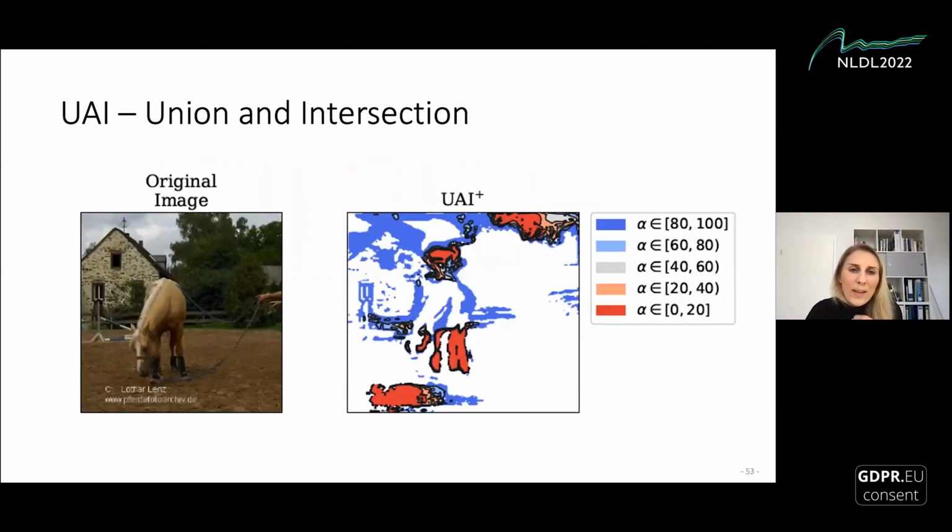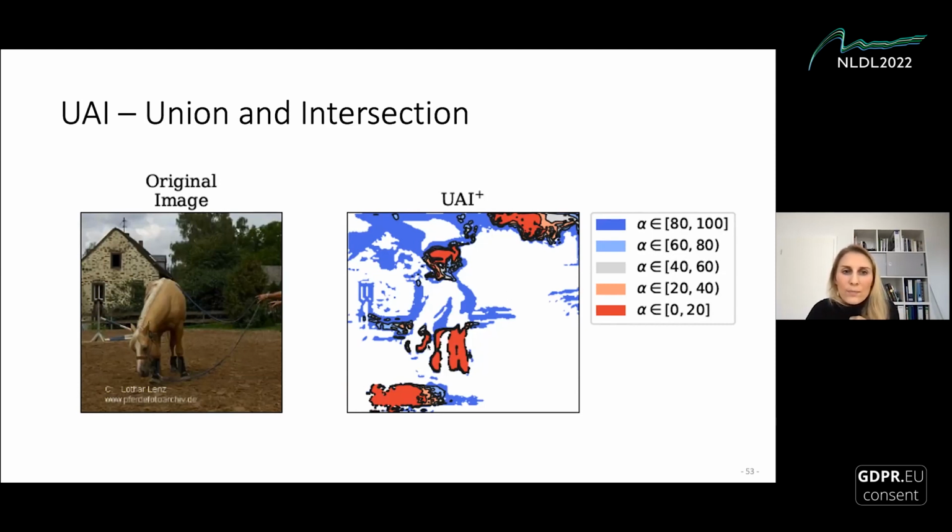Okay, again, back to our Clever Hans examples. So what we can now really say with our UAI plus method is that indeed the Clever Hans was the most important, or one of the most important areas for the model to decide that this is an image of a class horse.